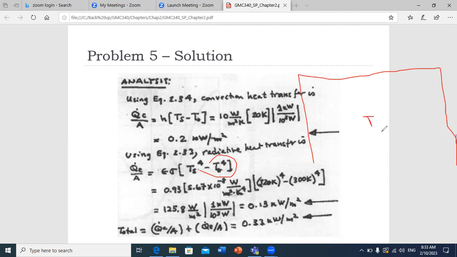So you can assume that the wall temperature is equal to T0. In the exam, of course, this will be clear for you. And then you can determine in total the net loss from the surface towards the surroundings as the summation of the convective flux plus the radiation flux.